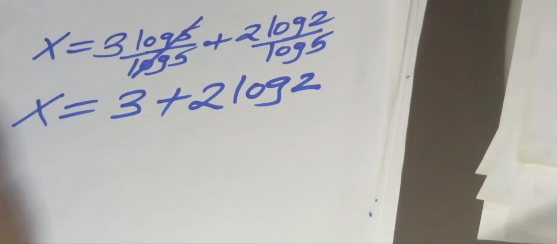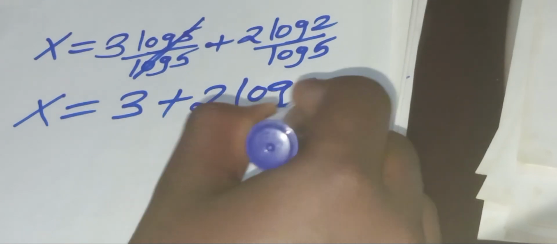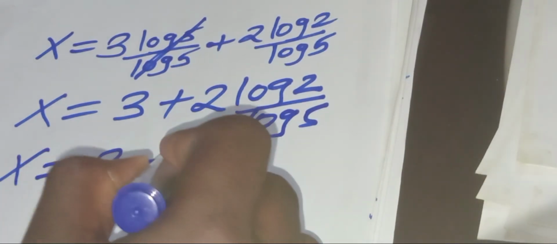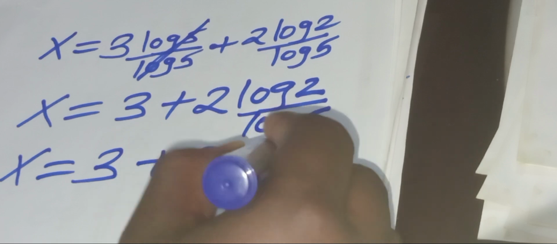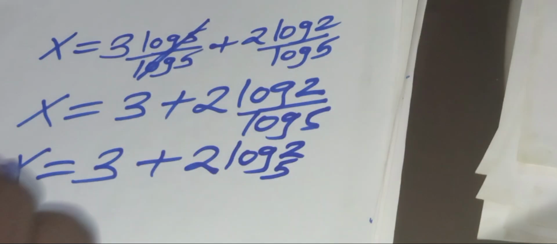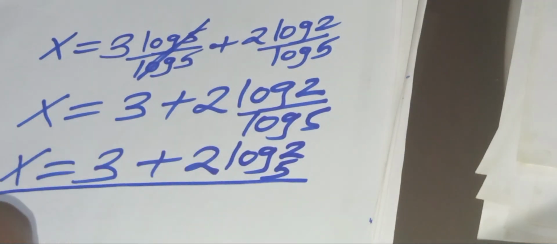We have x is equal to 3 log 5 divided by log 5 plus 2 log 2 divided by log 5. Now let's simplify here. We'll have x is equal to 3 plus 2 log 2 divided by log 5. Now we can express log 2 divided by log 5 as log 2 to base 5. And this is the value of x.